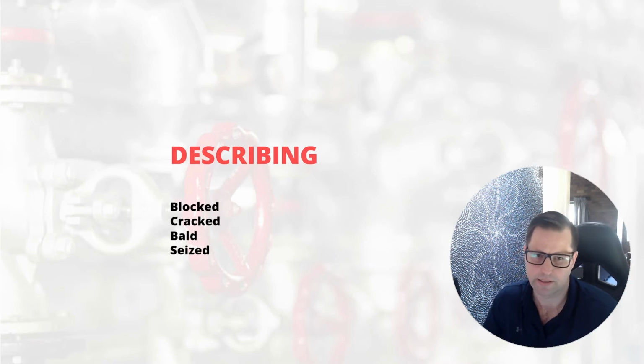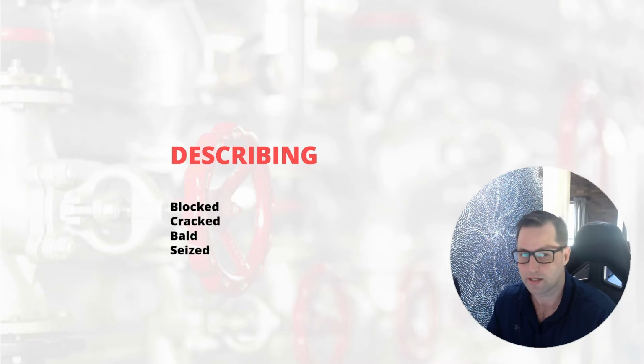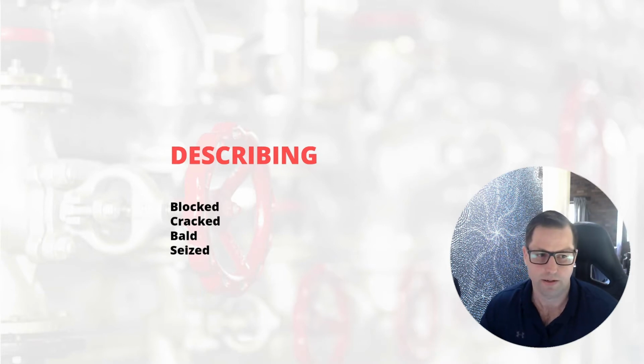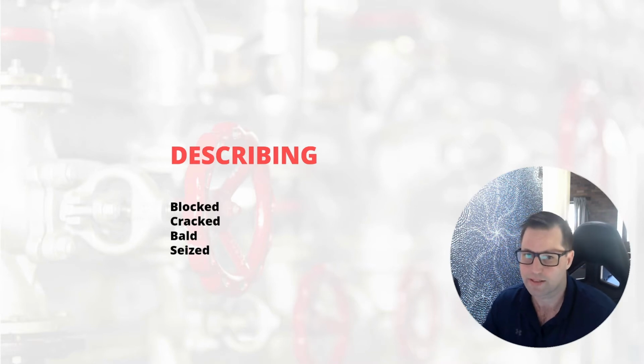Now, one thing to note is that this has no reference to the preceding causes, and it has no reference to the subsequent consequences or effects. And we'll cover these in just a bit. So you want to think of a failure mode as a picture or a snapshot in time where you can see the exact state of the asset, but you don't know how it happened or what led to that state and what the impacts were.